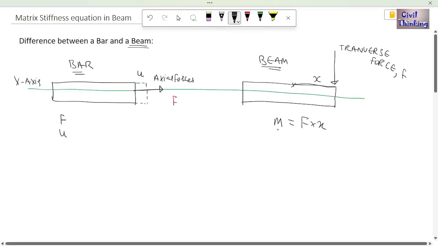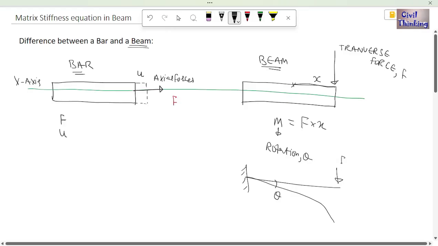Because of the moment, there is also going to be rotation. If this is a beam with a fixed end, and we have this force, it is going to bend something like this. Now you can see there is also a rotation, theta.